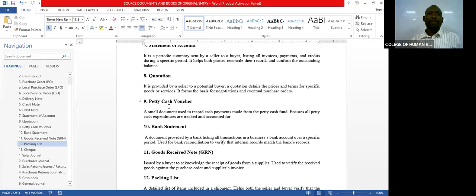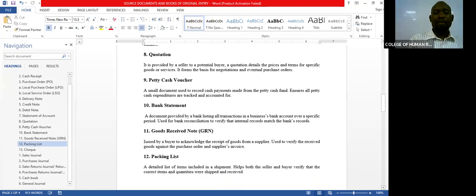The moment the goods have been delivered together with the delivery note and I've received them, I'm supposed to reply by sending a GRN to my supplier to inform the supplier that the goods have been received, and therefore they are in good order as per the LPO or LSO, and therefore the invoice can also be sent, or the invoice can also come together with the goods. You acknowledge that, and then you prepare to pay for the goods that you have received.